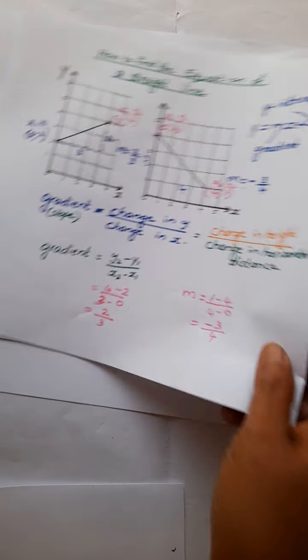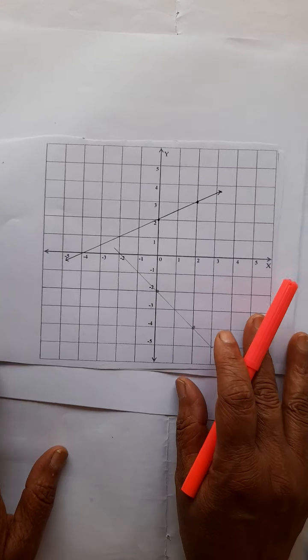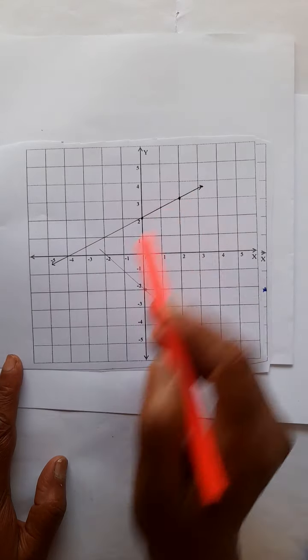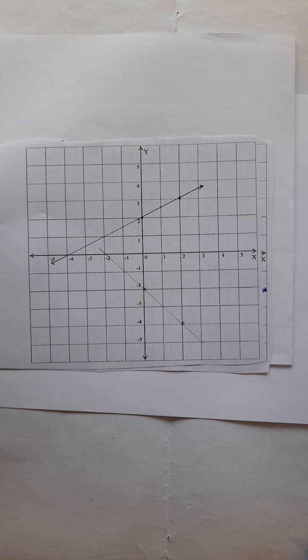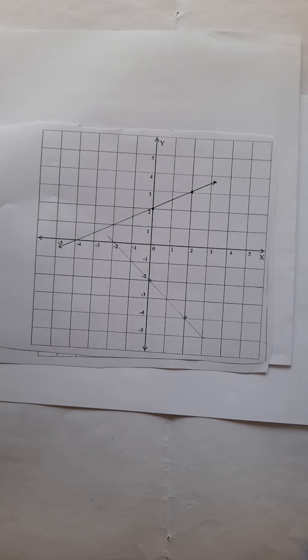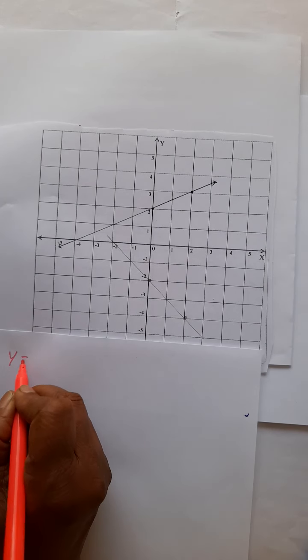Then let's find the equation of a few examples here, a few linear graphs. Let's do the first one, line 1. What is the equation of this straight line? We know the formula is y is equal to mx plus c.